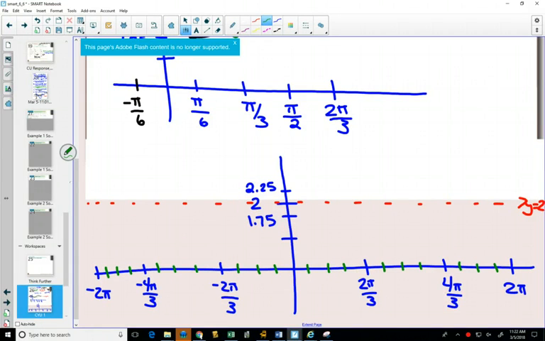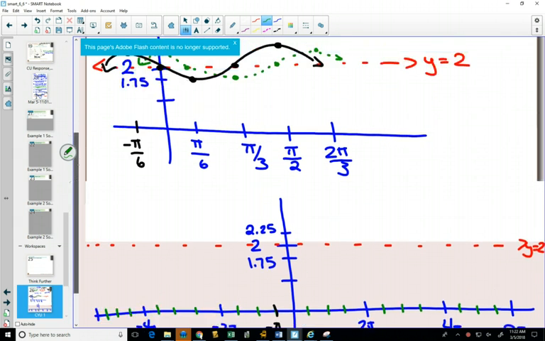I'm not going to label them all, but I am going to label this one as negative pi over 6. That one's important because we did a phase shift of pi over 6 to the left. Now all of those marks on there, they represent the same marks that we had here.